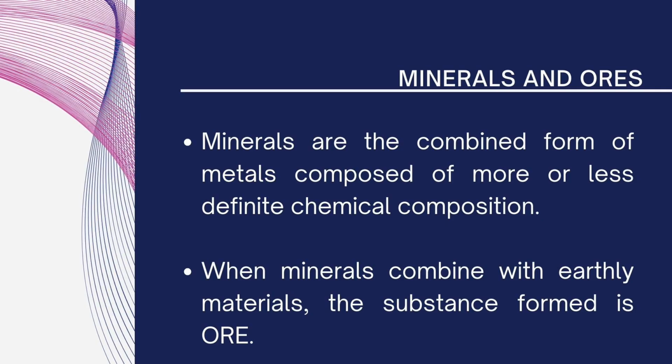So when we have a mineral with earthly materials around it or in it, we no longer call it just a mineral, we call it ore. So when I say metallic ore, I am talking about a particular mineral that contains that metal that is surrounded by or contains also the earthly materials like dust, like sand and all.